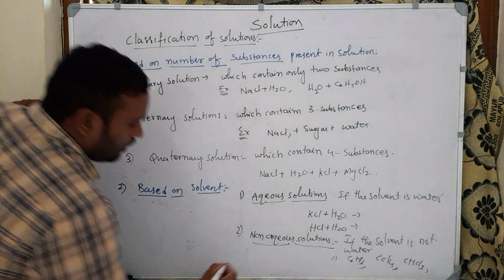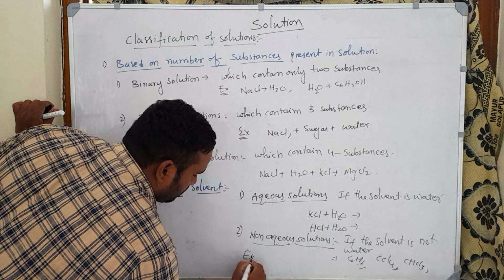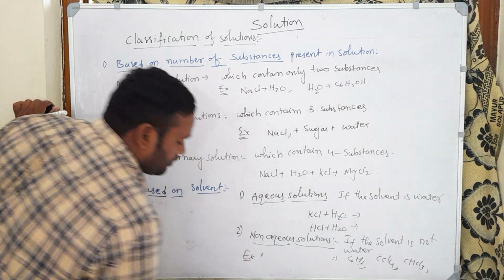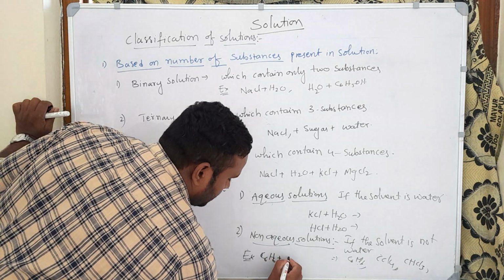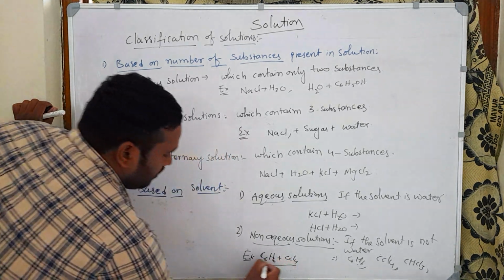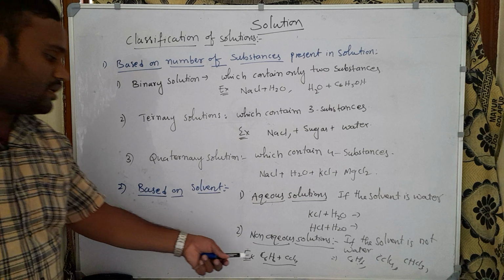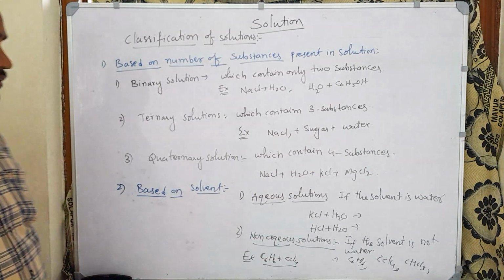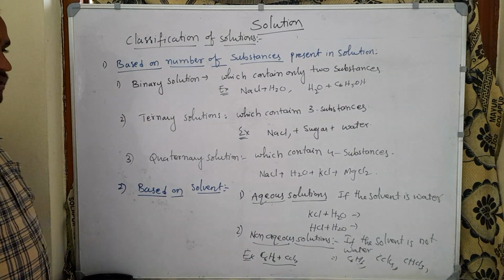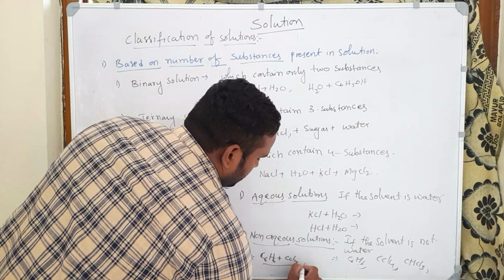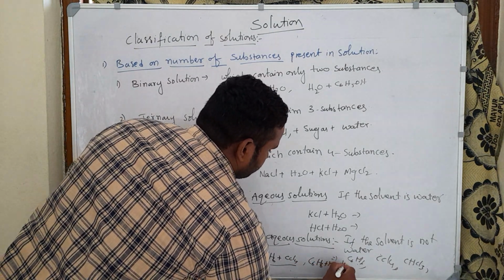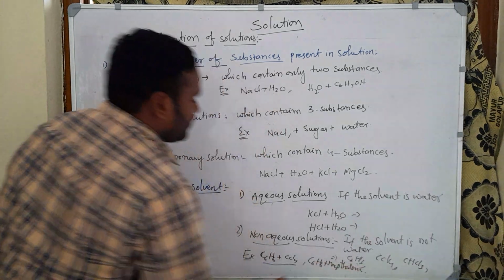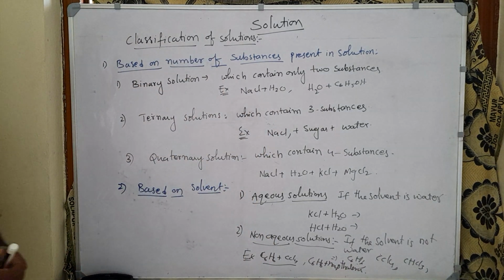For example, benzene C6H6 plus CCl4, carbon tetrachloride, is one mixture example for non-aqueous solution. And benzene with naphthalene, C6H6 plus naphthalene, is also an example of non-aqueous solution.